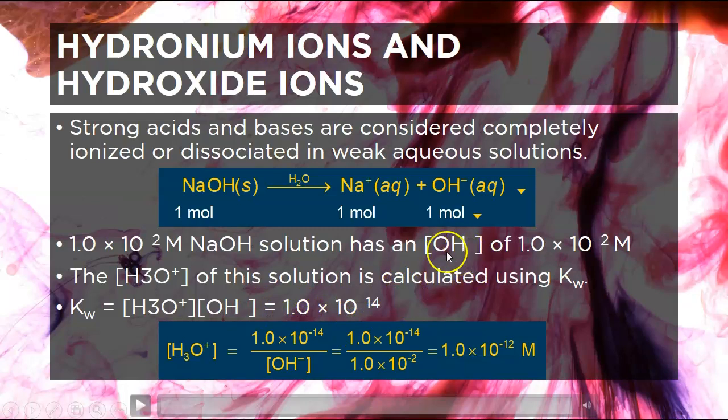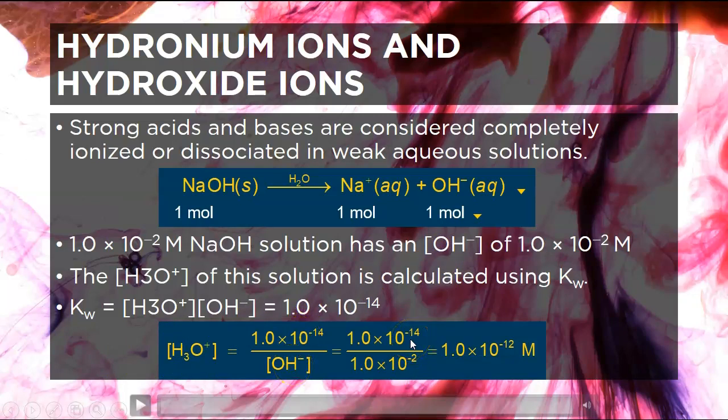So if I know I have a hydroxide concentration of 1 times 10 to the negative 2nd, I can figure out the hydronium concentration by taking this number divided by my hydroxide concentration. So hydronium is Kw over hydroxide.